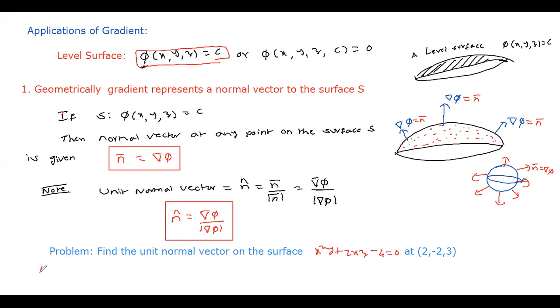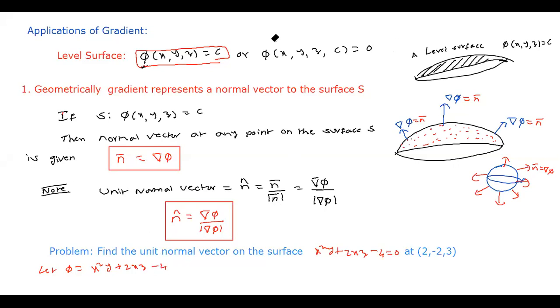In this case, our function is x square y plus 2xz. It doesn't matter whether you take the minus 4 or not, because you are going to find the gradient, which is in terms of derivatives, and the derivative of a constant is always 0. So we don't worry about whether to write 4 or not.